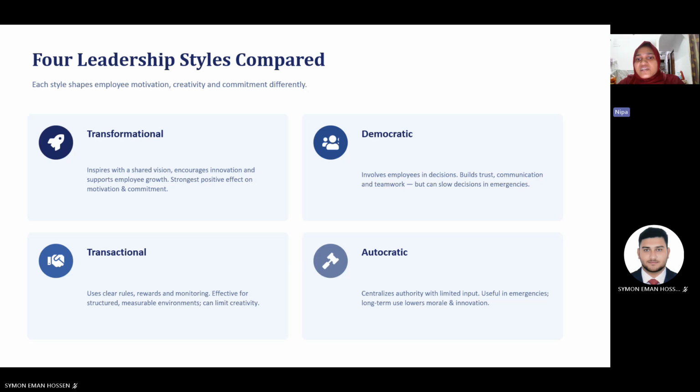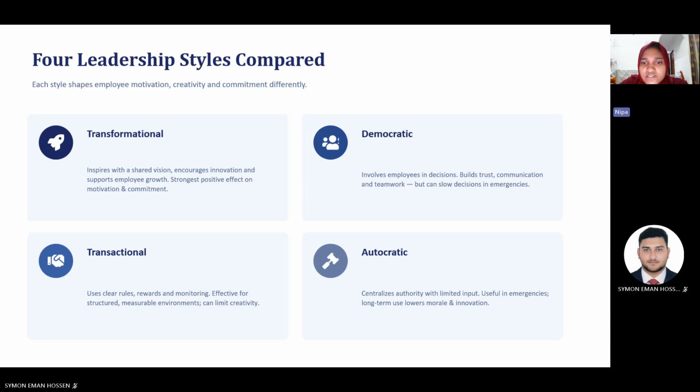Transactional leaders rely on clear rules, rewards, and monitoring. This works well in structured environments like banking or manufacturing, but can limit creativity.